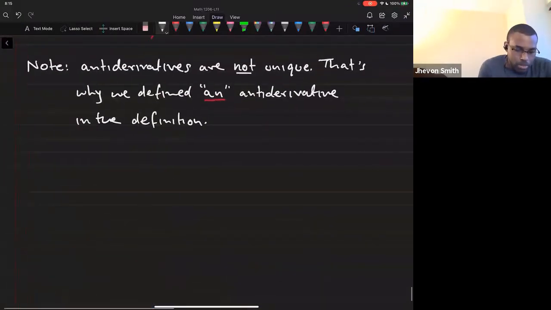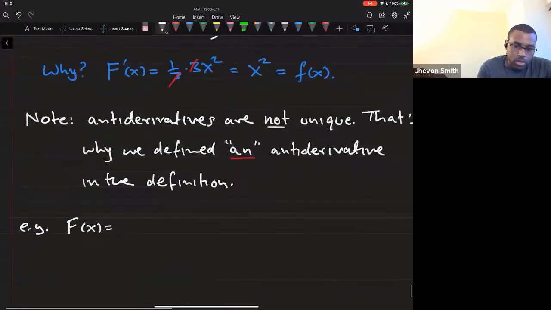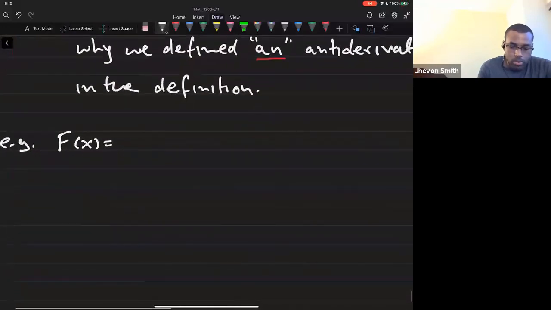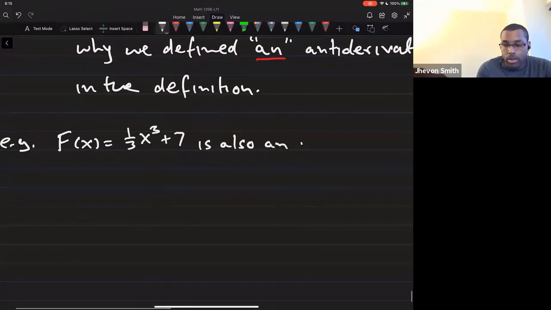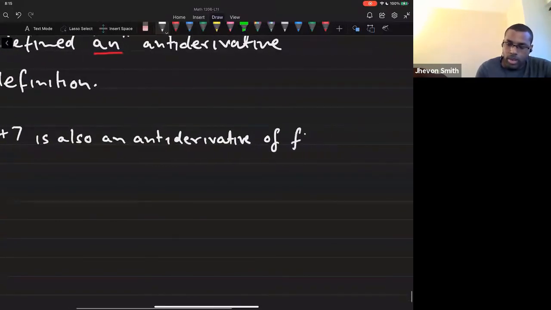So, example, F of x equals 1/3 x cubed plus 7 is also an antiderivative of f of x equals x squared.